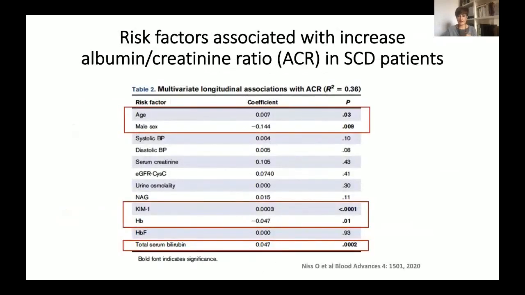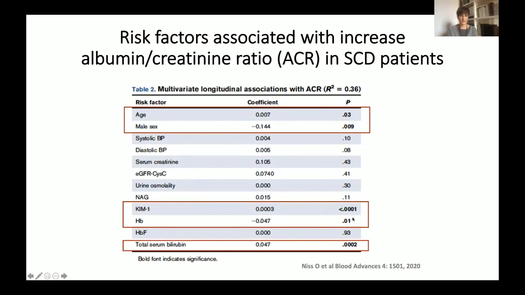Which are the risk factors for development of a severe sickle cell kidney disease associated with the albumin creatinine ratio? These are summarized in this slide, and as you see, we have age, gender, and anemia with the level of hemoglobin, bilirubin, so again hemolysis.